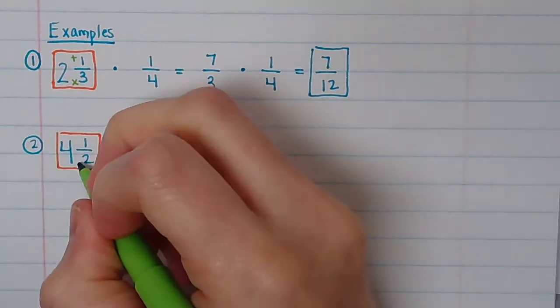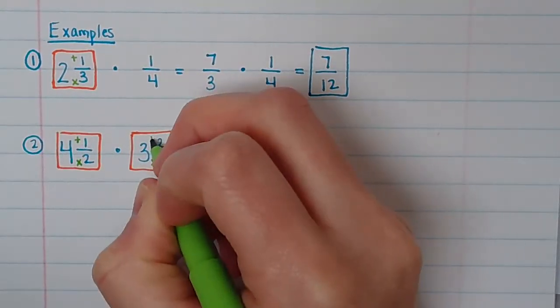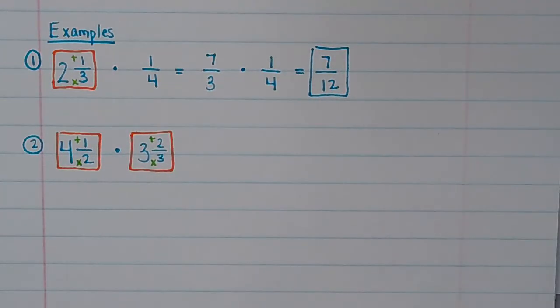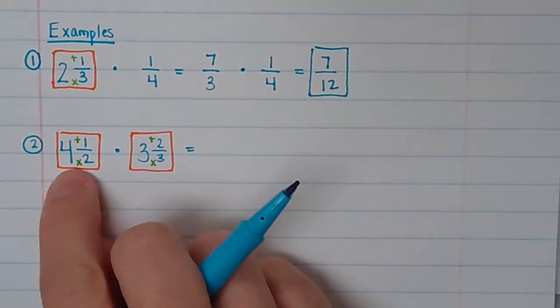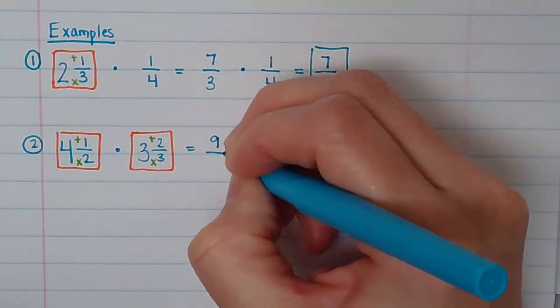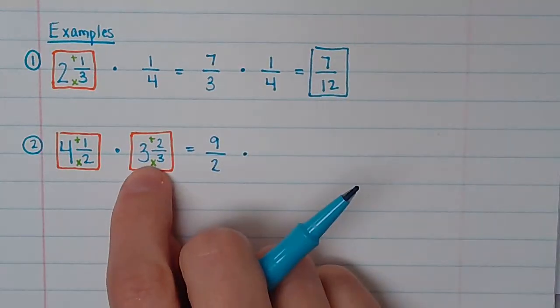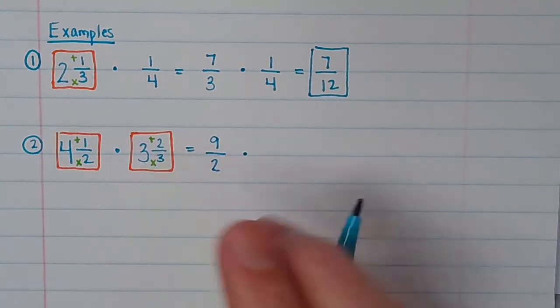Remember, this is a times, this is addition, same thing here. So let's rewrite this. 4 times 2 is 8, plus 1 is 9, so it's 9 over 2, because that stays the same. This one, 3 times 3 is 9, plus 2 is 11.